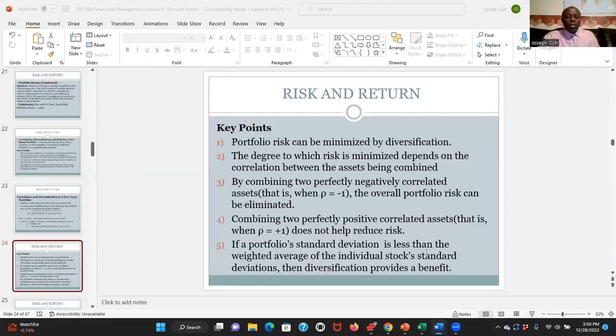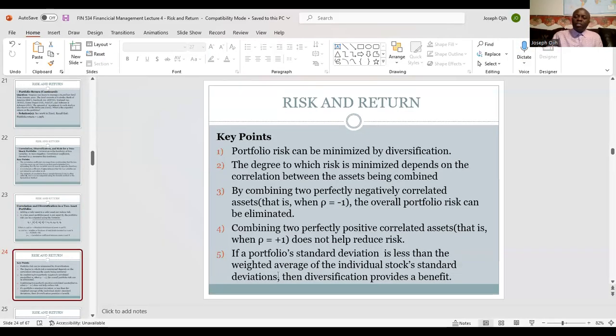Okay. So if a portfolio's standard deviation is less than the weighted average of the individual stocks' standard deviations, then diversification provides benefit. What does that mean? Suppose you have an asset portfolio that you invested in, and you have the standard deviation of that portfolio.